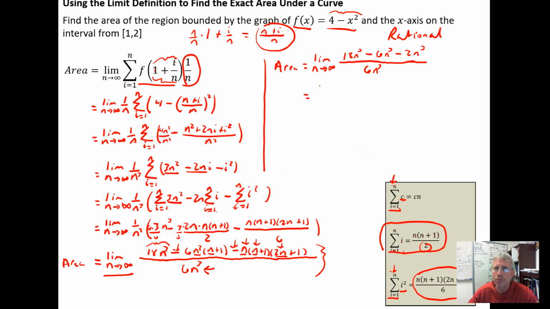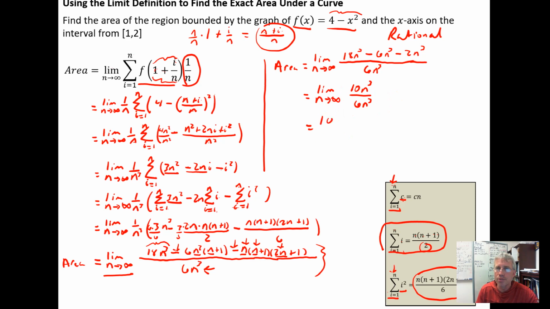So now this equals the limit as n goes to infinity of 18 minus 6 minus 2, which is just 10n cubed over 6n cubed. And n cubed divided by n cubed equals 1 as long as n is not equal to 0. But n is going to infinity, so we know that n is not going to equal 0.